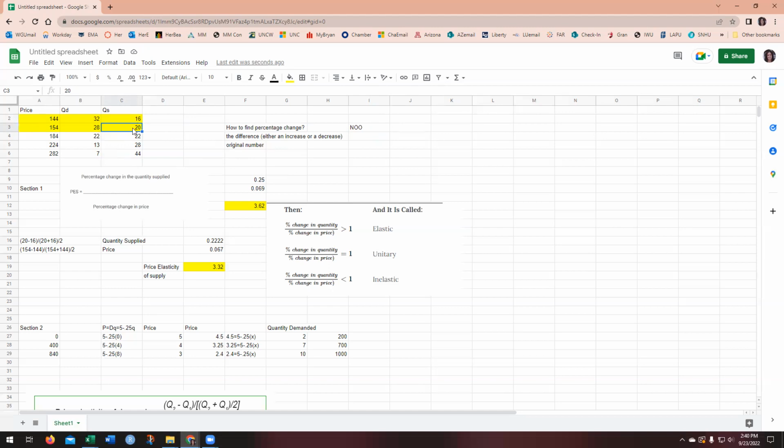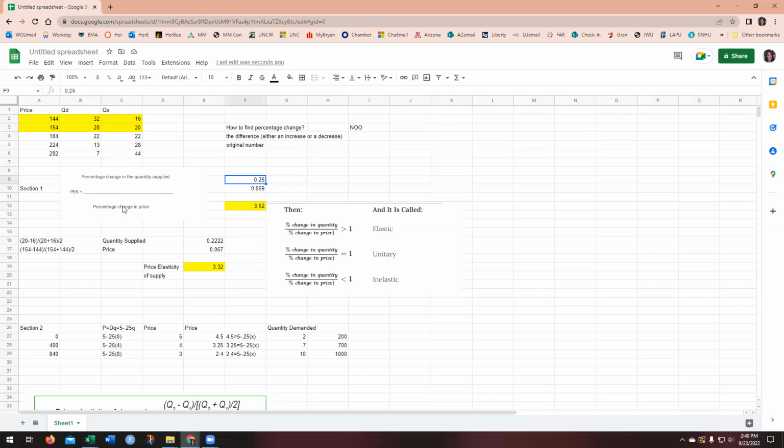And we're going to divide that by our original number. We are going from 16 to 20, so we will take the 4 divided by the 16 here. And then we will get 0.25 as our answer. That is for that top part there.